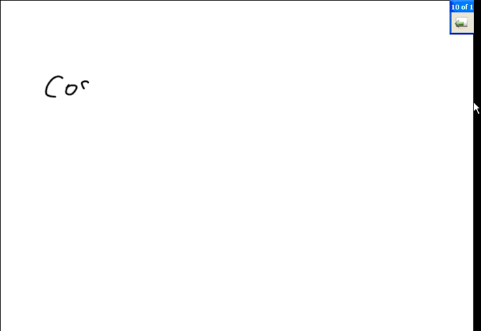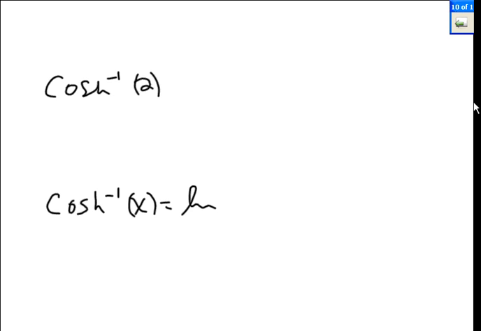Okay. What about the hyperbolic cosine inverse of 2? What you need to remember is the hyperbolic cosine inverse formula of x. If I remember correctly, that was ln of x plus the square root of x squared minus 1.